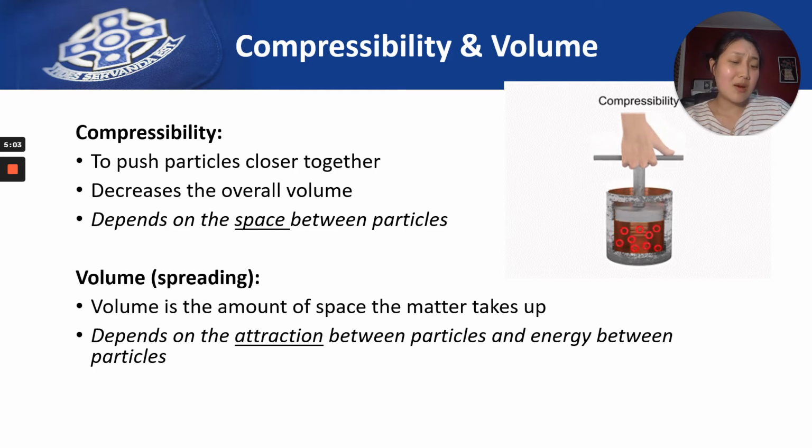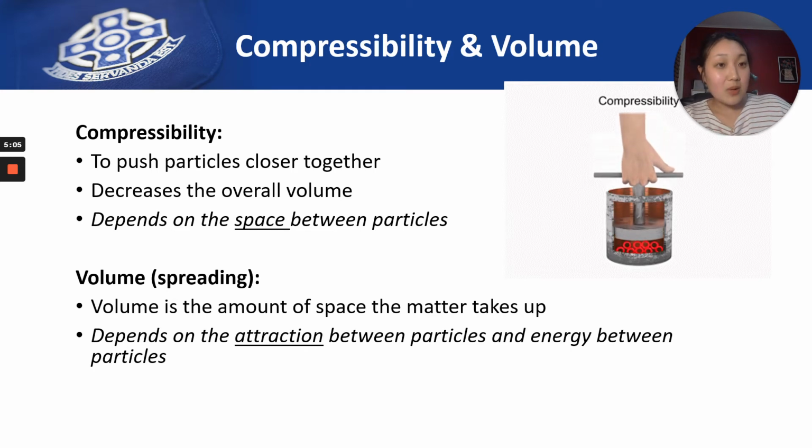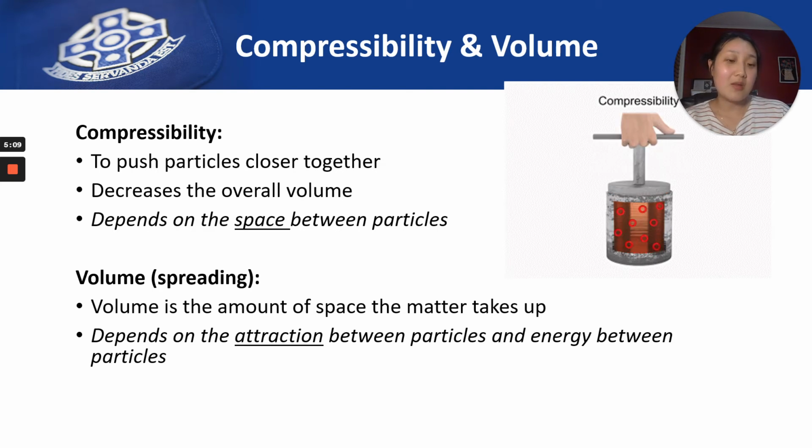We have about 9 particles, and as we compress, those particles come close together, and the overall volume is decreasing. The reason they can be compressed is because there's so much space between the particles. But imagine if we had 30 particles in that container. It would be harder to compress because there's less space between the particles.